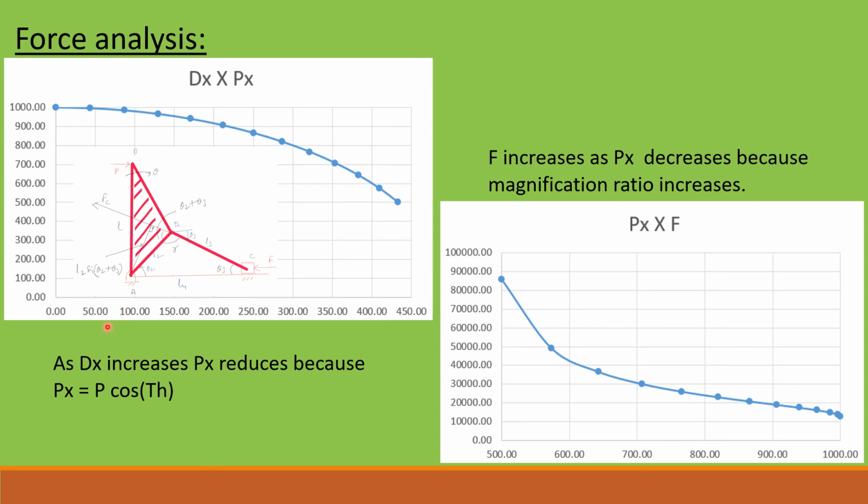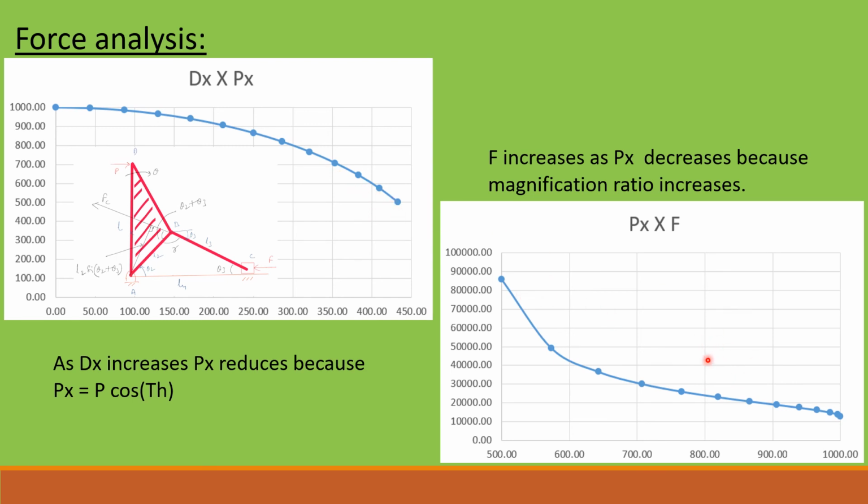On the horizontal axis we have plotted dx, that is 0 to 450 millimeter, for angle 0 to 60 degrees of lever rotation. On the vertical axis we have plotted the variation of Px. Initially, at zero position of D, the force is 1000 Newton. As the lever rotates, the force is going to drop.